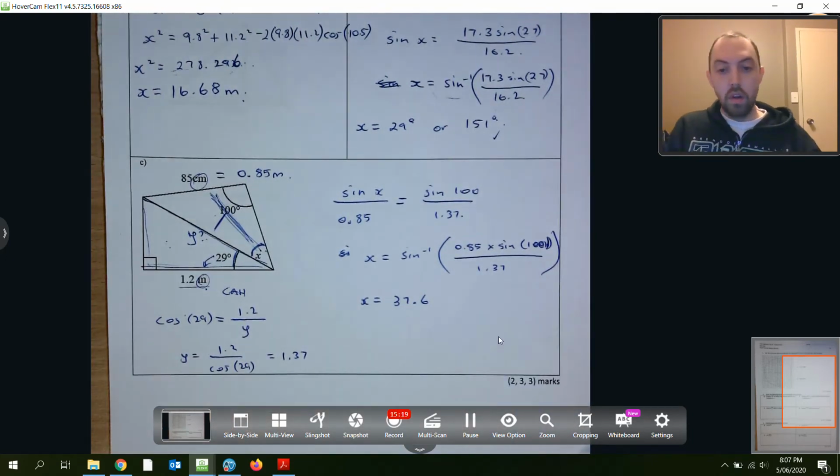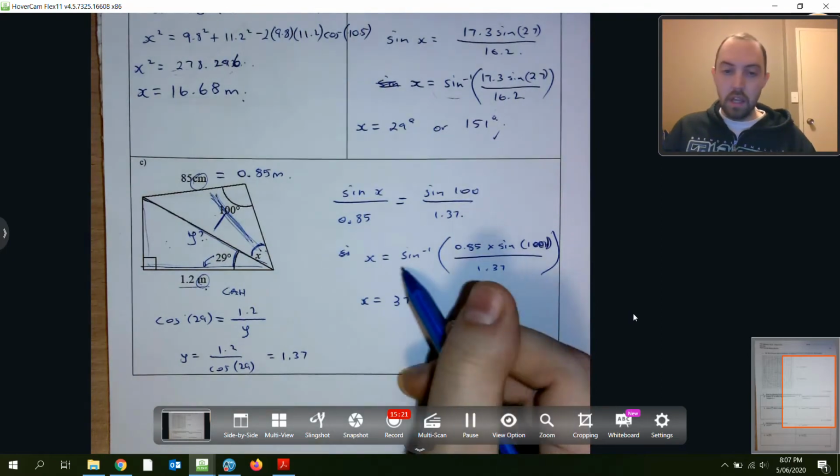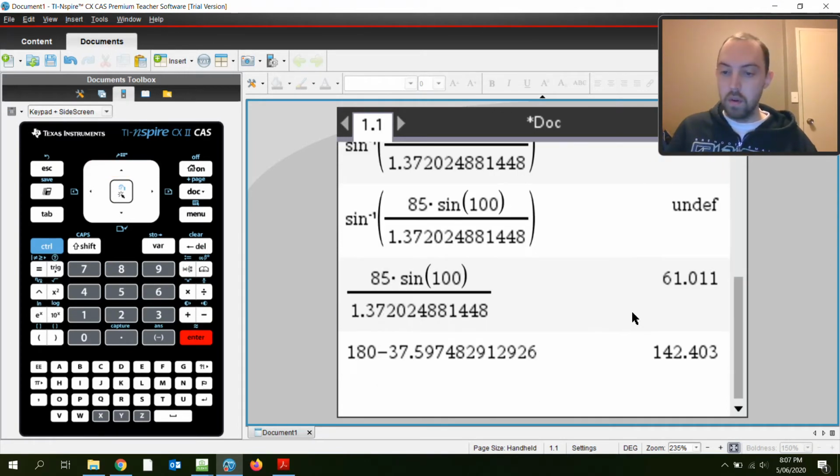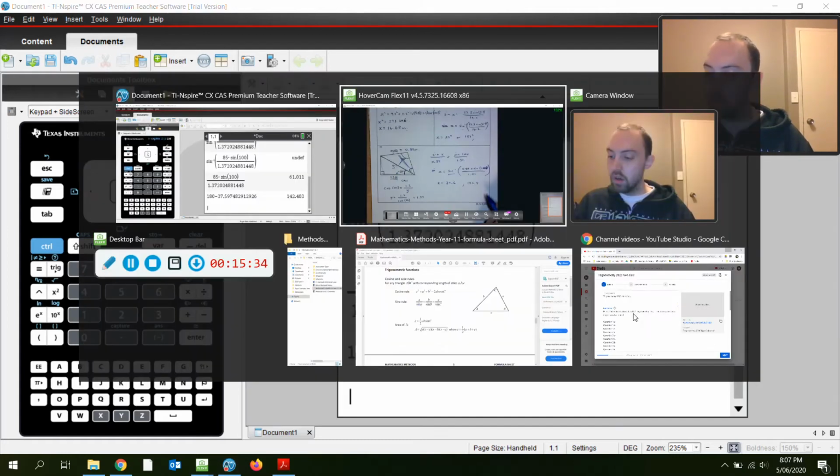So like before, because we've done the inverse of sine, we want to make sure we consider the obtuse case. So I'm going to do 180 take my value from before, 142.4.